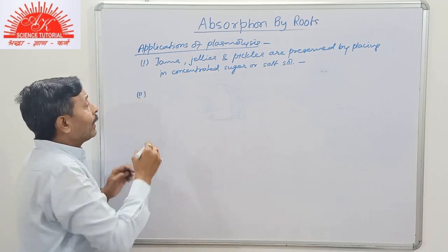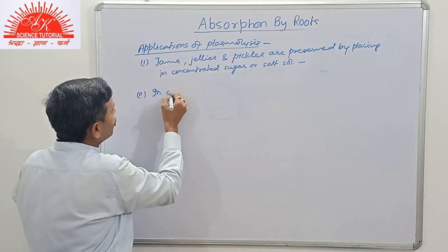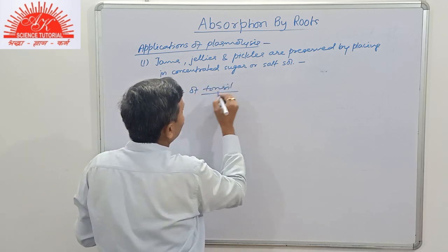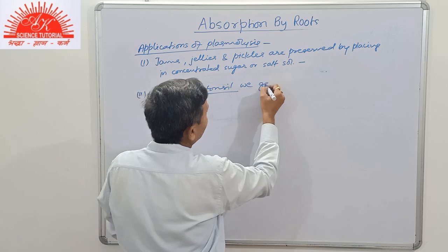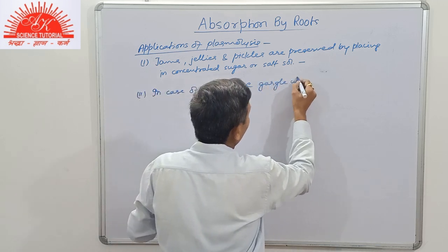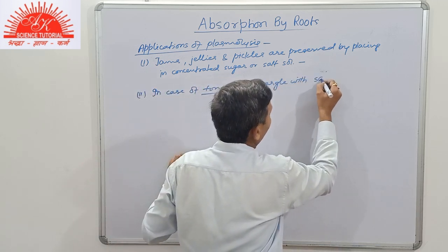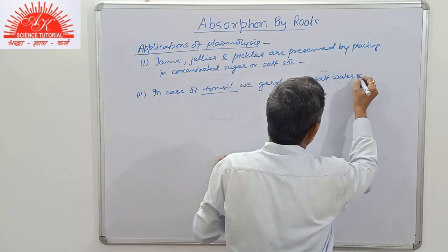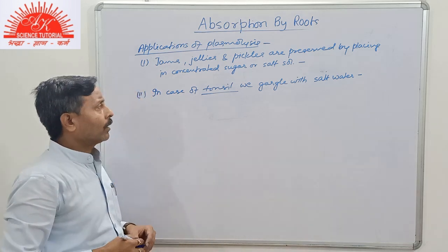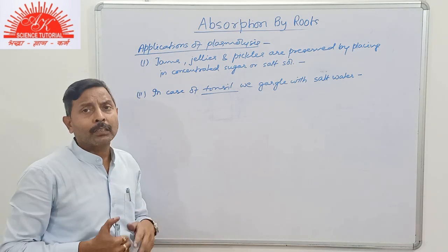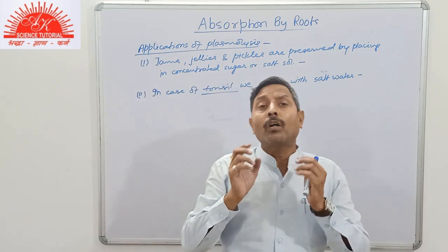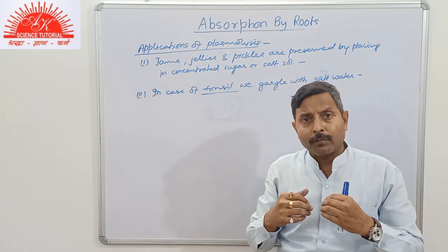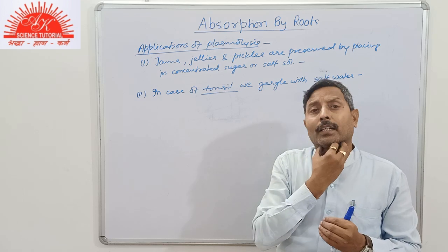Suppose in case of tonsil, we gargle with saline water or salt water. Gargle with salt water. What happens at that time again? Now, when tonsil develops, it is due to the accumulation of germs and it swells up.